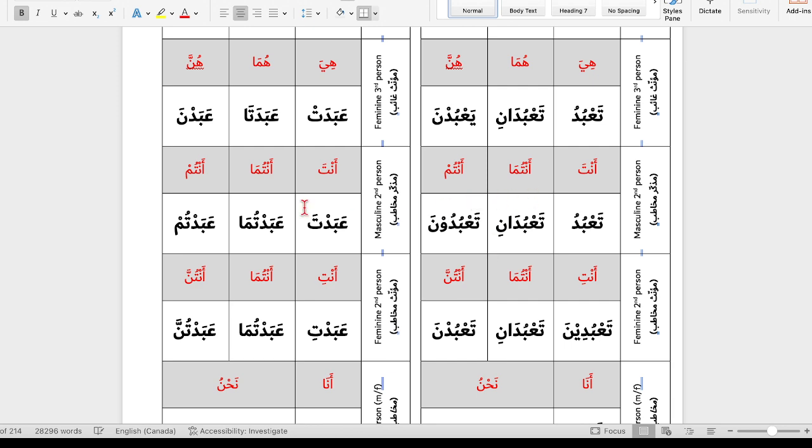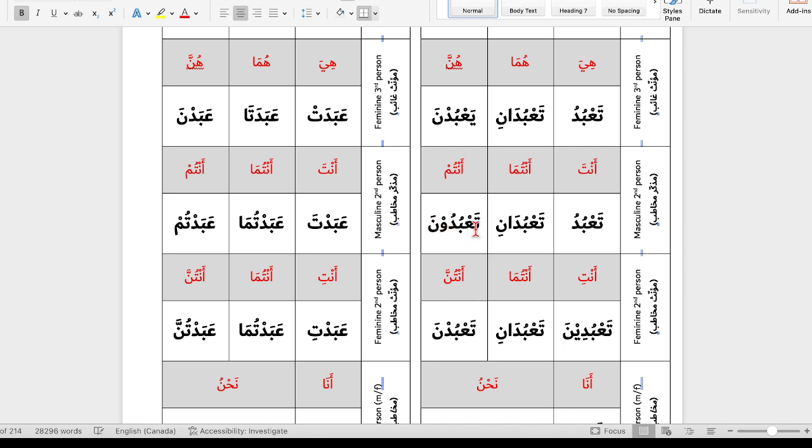Again, no command can be given in the past tense, it is only the present tense, and in the present tense only these six combinations or six nouns. So here the word is tabuduna, which is fail mudare. How do we make amr?